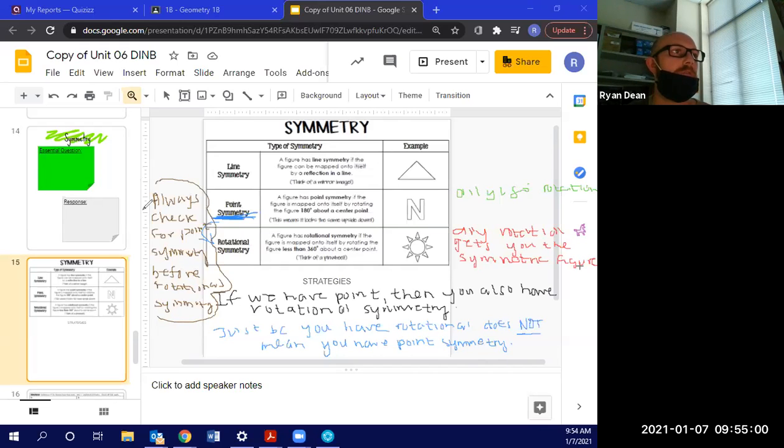That way, if it is true that you have point symmetry, then you can automatically tell that you have rotational symmetry.